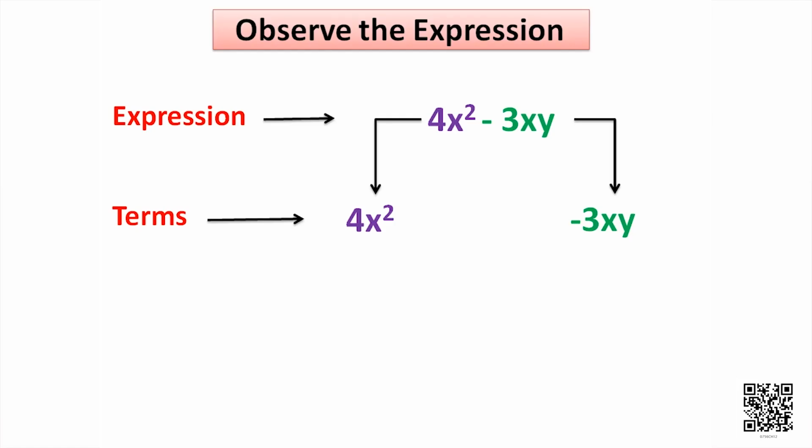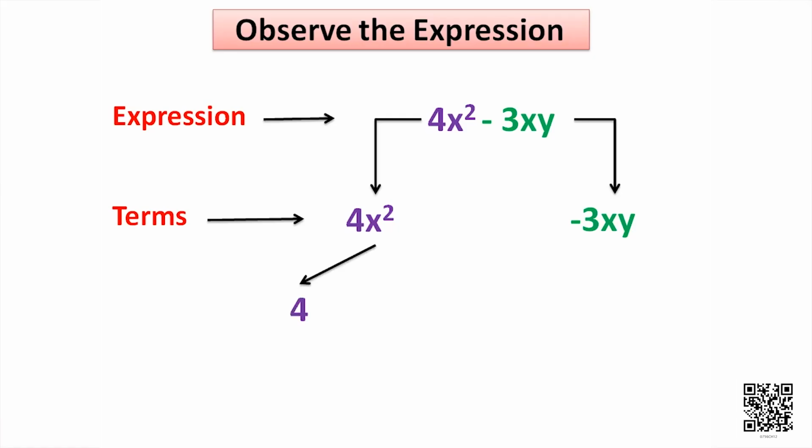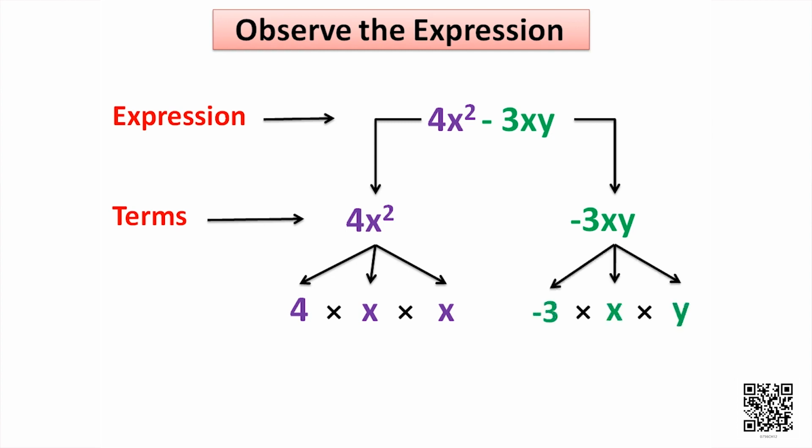So it has two terms, or if I write these terms in this way, I have written 4x square as 4 times x times x and minus 3xy as minus 3 times x times y, these are called factors of the terms, right.